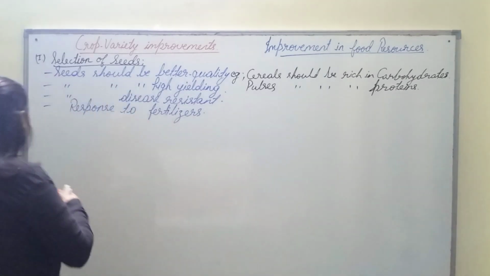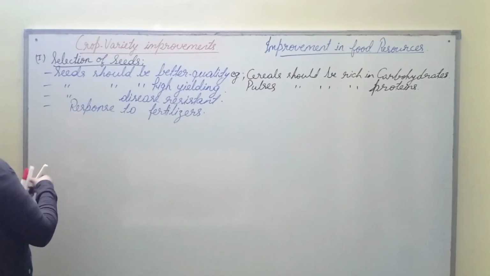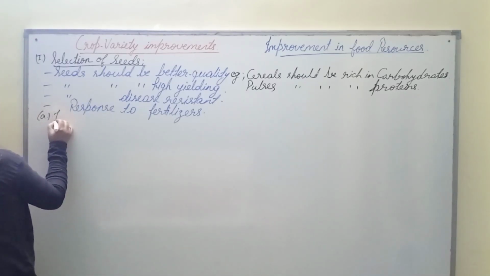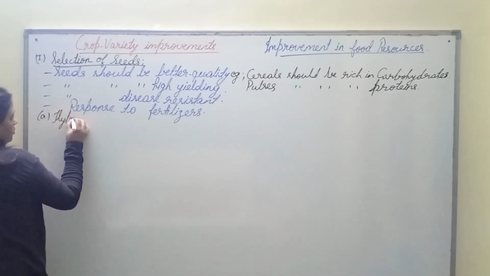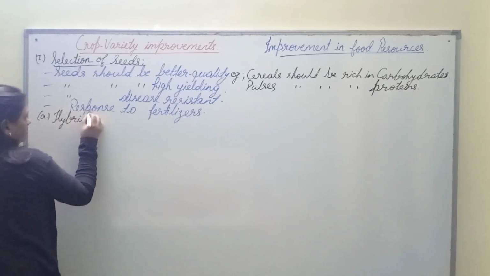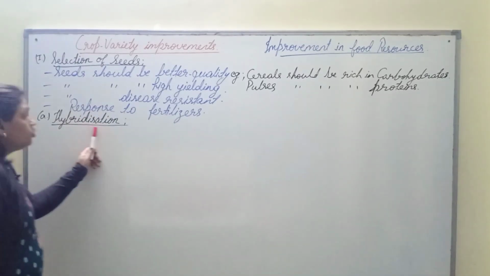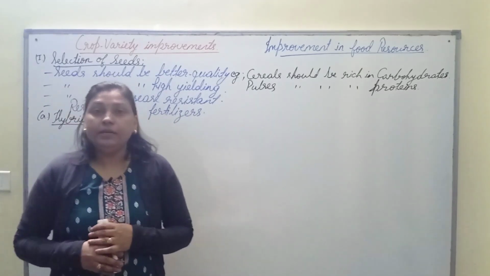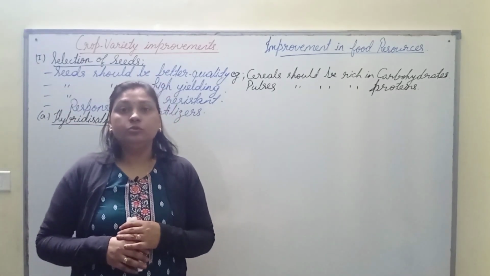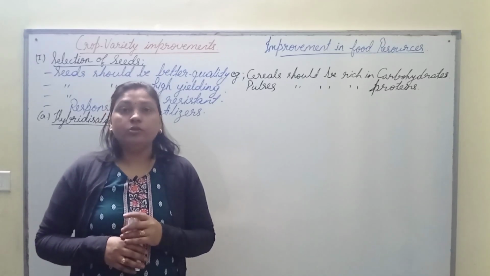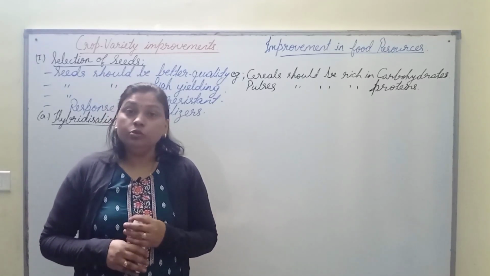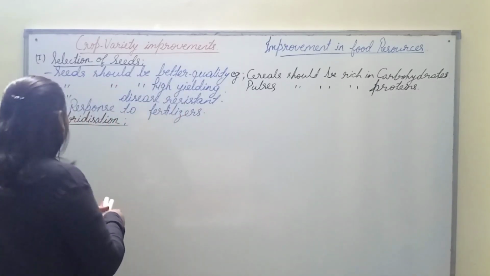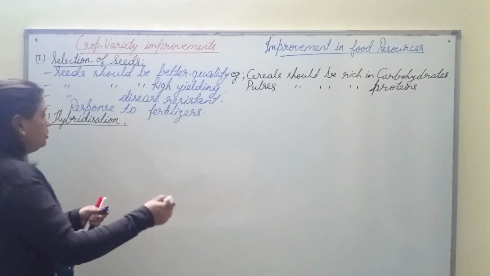So let us see a few methods here. So first is hybridization. Hybridization is the process in which breeding between two different plants or animals takes place to get a new variety or hybrid variety.